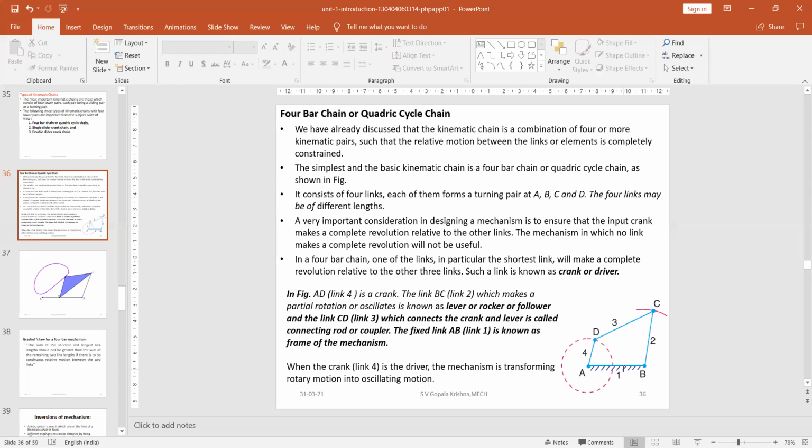Link 1 is fixed. When link 1 is fixed, the fourth link is rotating. When link 4 is rotating, then the third link and second link are also having turning motion. Both are having turning motion. So that is one type of mechanism.